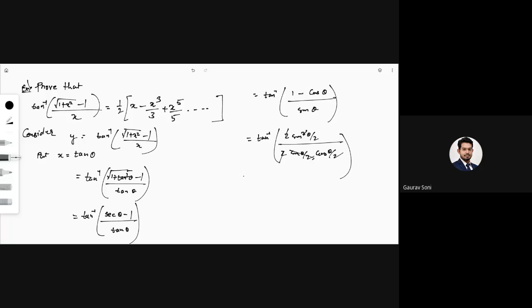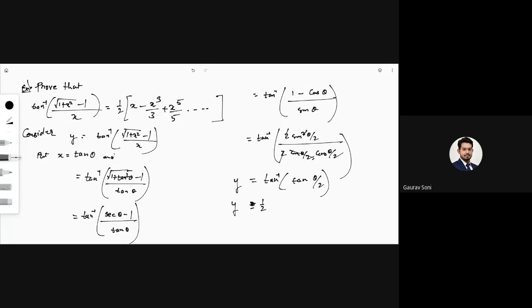So the final answer is y is equal to tan inverse of tan theta by 2. In a particular domain, tan inverse and tan will get cancelled out, and what we have is 1 by 2 times theta. What is theta?